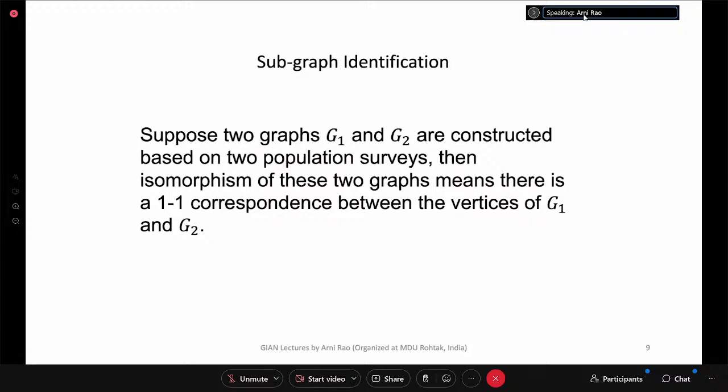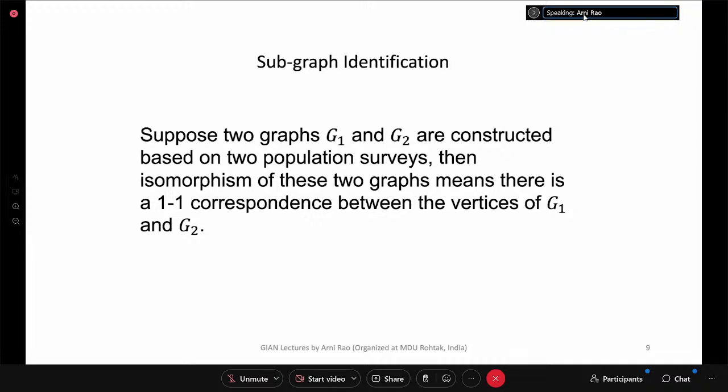So, subgraph identification. Two graphs G1, G2 are constructed based on two population surveys. We conduct a survey about the networks. That kind of survey has also been done in India now. Various groups have done very good work on the data collection and the network formation.